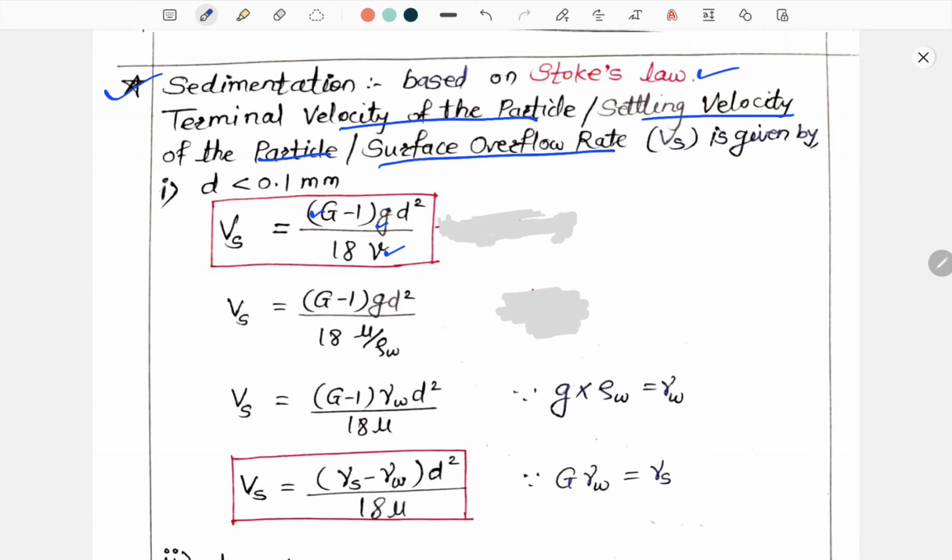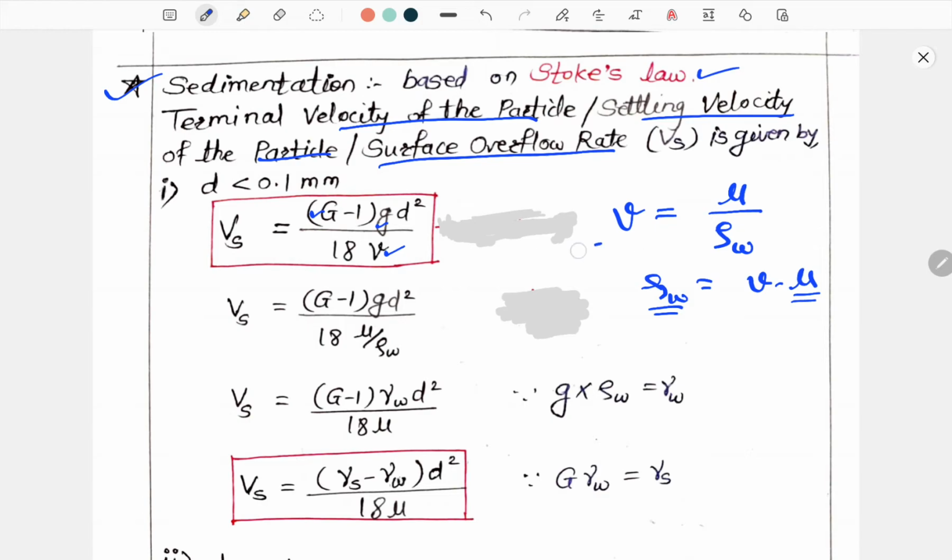Remember that ν = μ / ρw, where ρw is the density of water and μ is the dynamic viscosity.